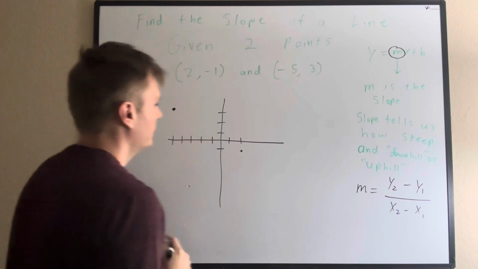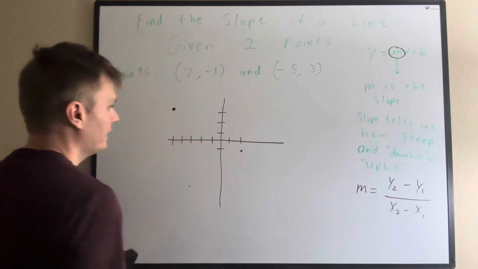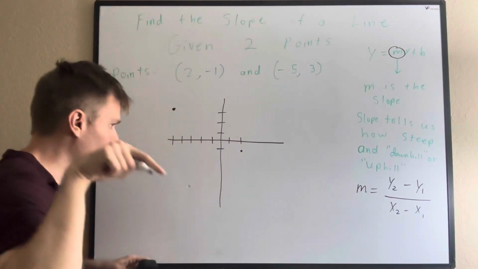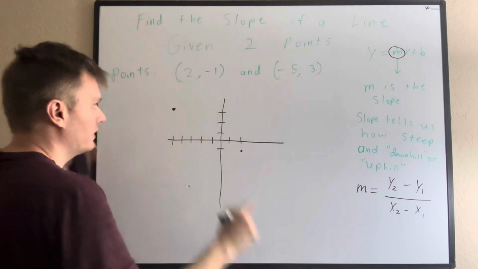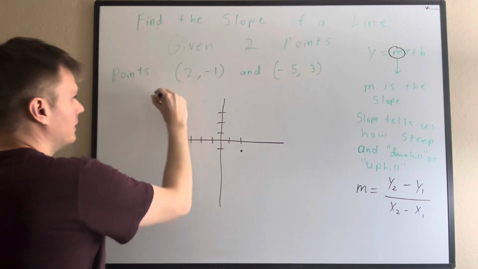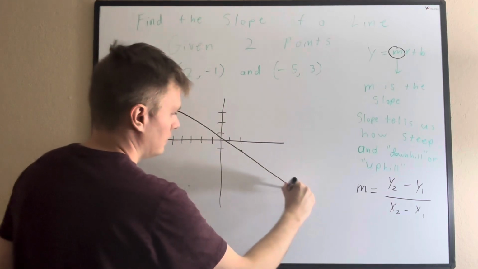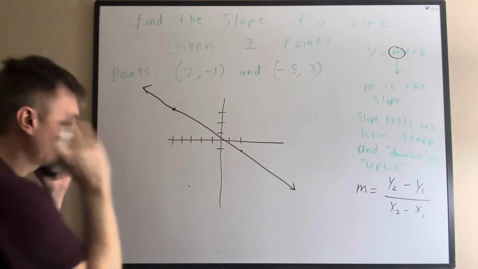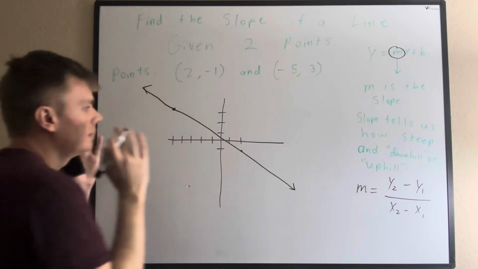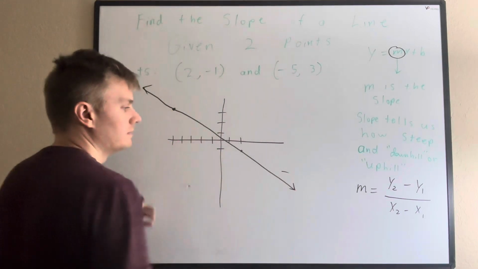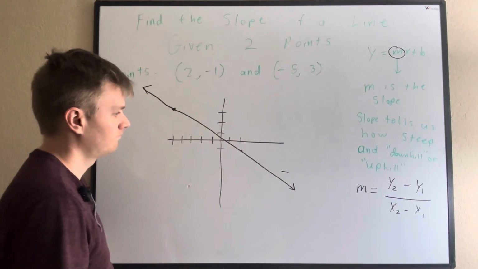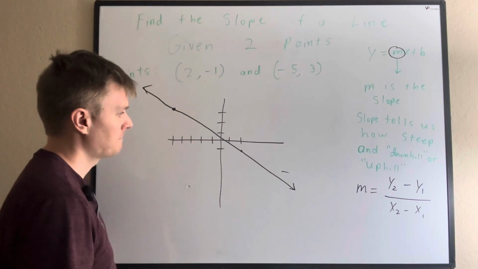Okay, so if there's a line connecting these 2 points, we know that line is perfectly straight and goes on forever in both directions. So it's going to look something like that. Visually, we already understand that our slope is going to be negative.